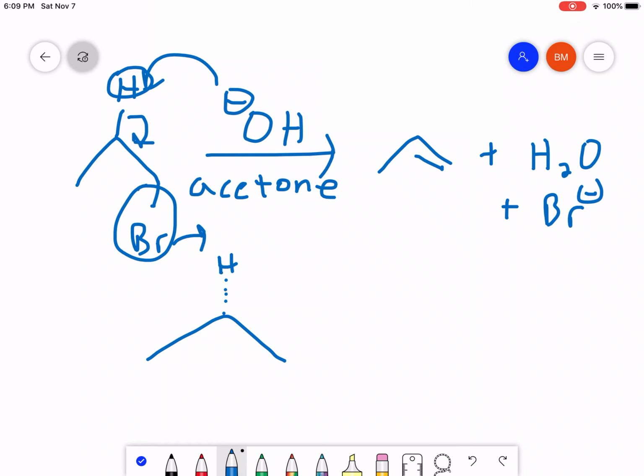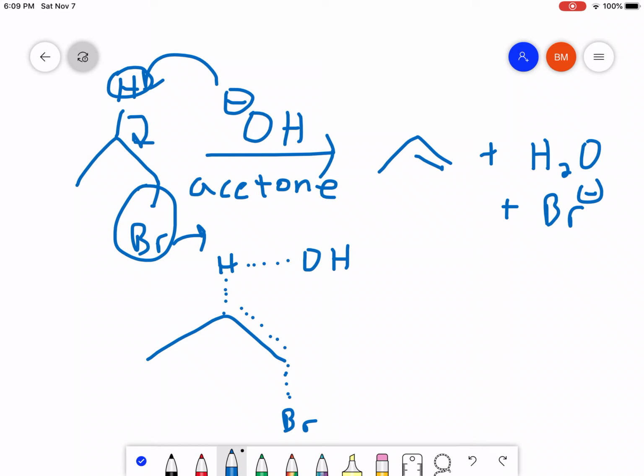At the same time, we're also in the middle of forming this bond from oxygen to hydrogen. The Br is in the middle of leaving, and we're in the middle of forming this double bond right here. So there's a little diagram that shows all the bond formations and breakages.